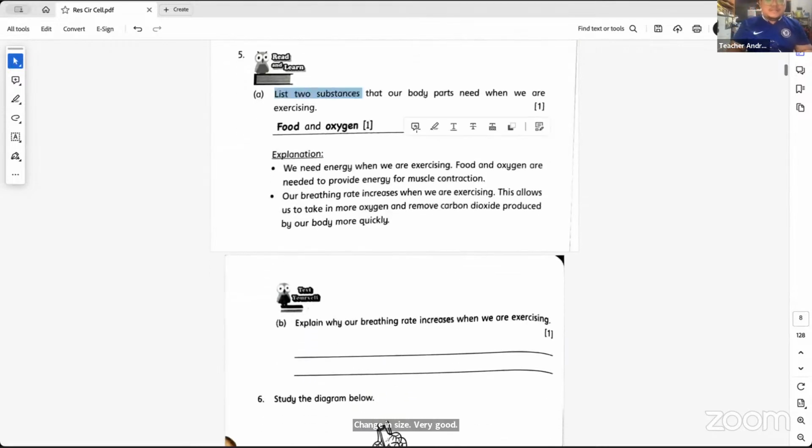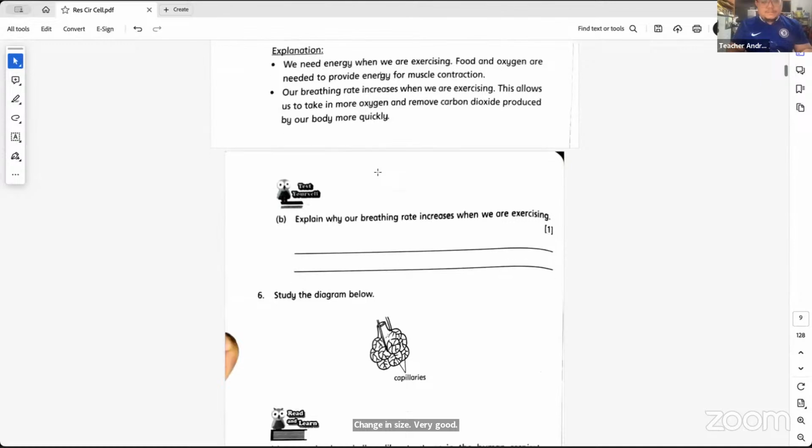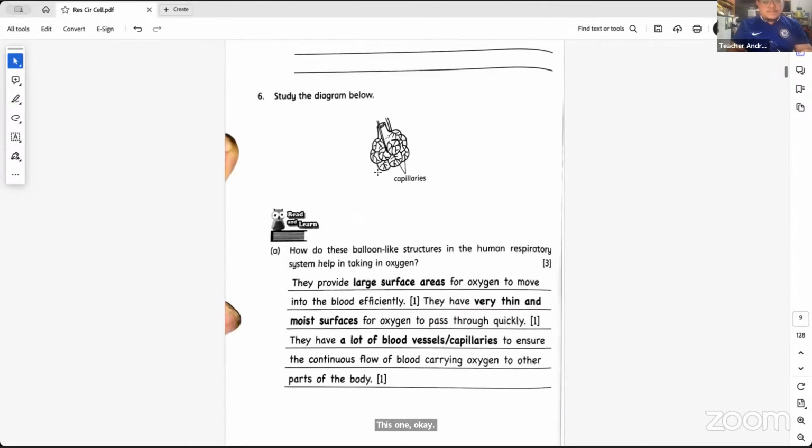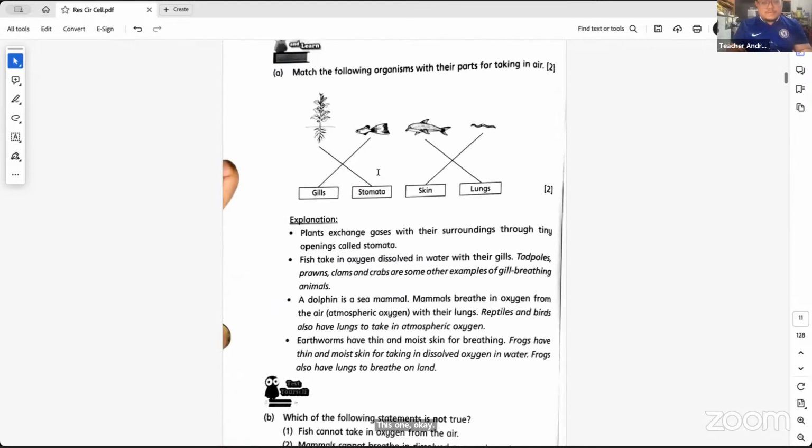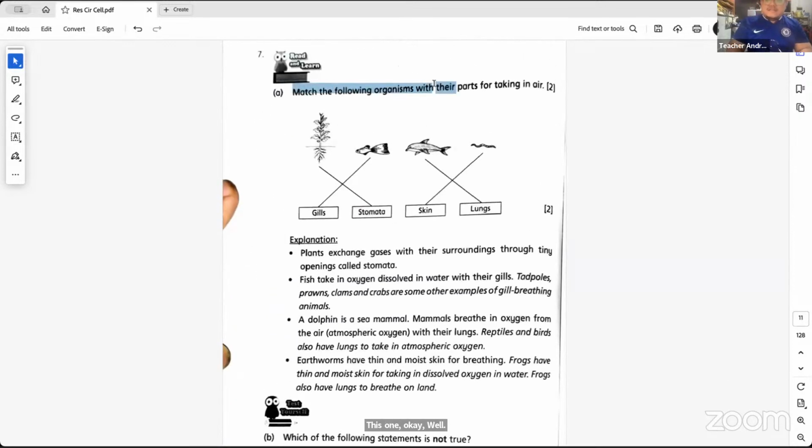This one is not important yet. The next question that the examiner would like to ask in the exam is: match the following organism with the parts for taking in air. In the world, there are so many living things, and each has its own unique way of breathing.